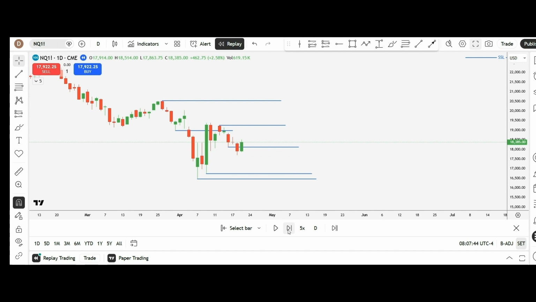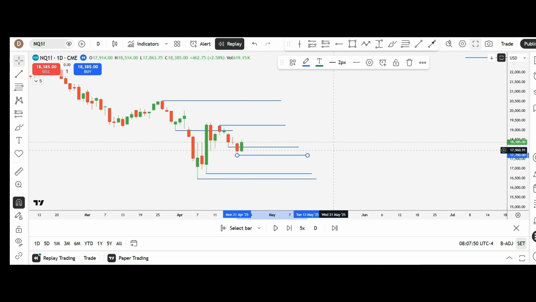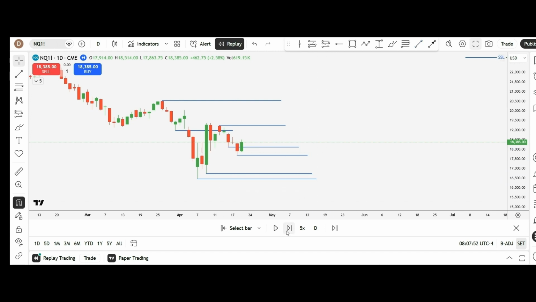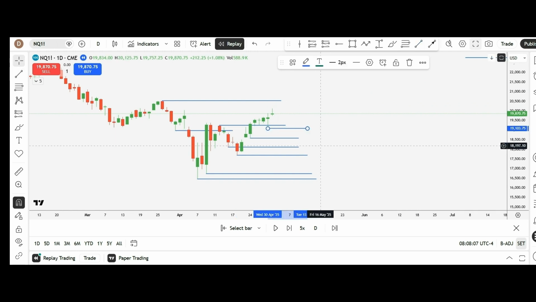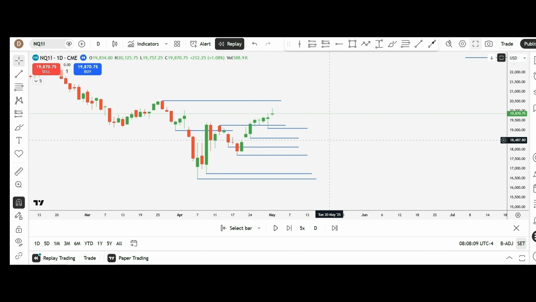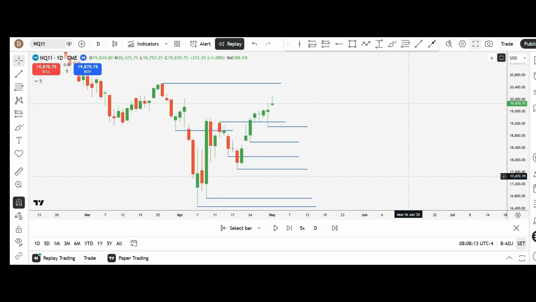We move forward. We have another swing point over here, a swing low. And so on and so on. We have another swing low over here, and another swing low over here. And you can continue this exercise on your chart.